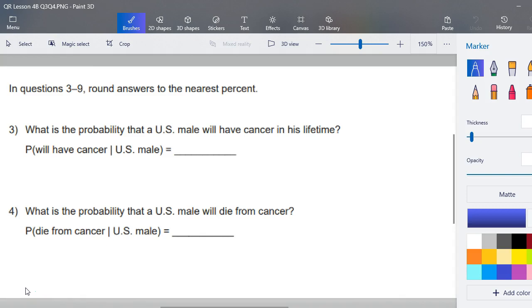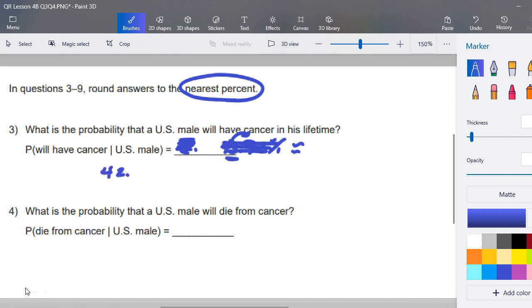Using the information that we just read, question 3 asks, what's the probability that a U.S. male will have cancer in his lifetime? And then it says in our directions, round to the nearest percent. Oops, sorry, I'm looking at the wrong numbers.